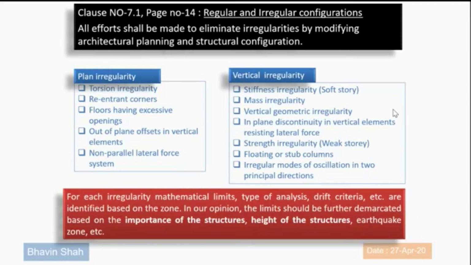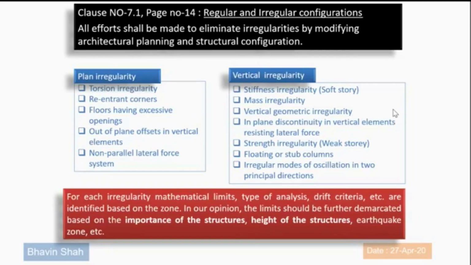Clause 7.1, we all know, talks about all kinds of irregularities like plan irregularity and vertical irregularity. For each irregularity, the mathematical limits are identified, the type of analysis is suggested, and the drift limit is mentioned in the code.